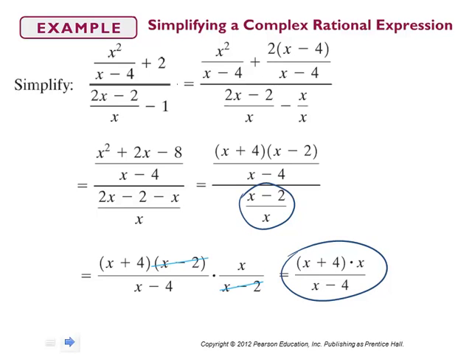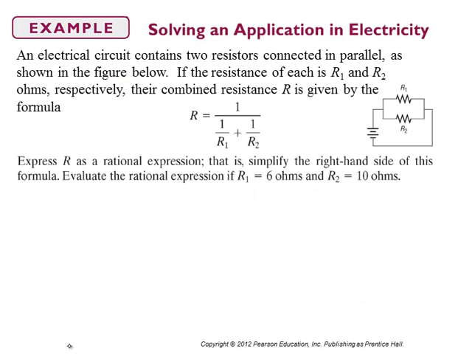If we wanted to do an application problem, we could take a look at this problem that talks about, in an electrical circuit, if you've got two parallel resistors, then what is the combined resistance across this little loop here? Well, suppose R1 is the resistance of this one resistor, and R2 is the resistance of the second resistor.